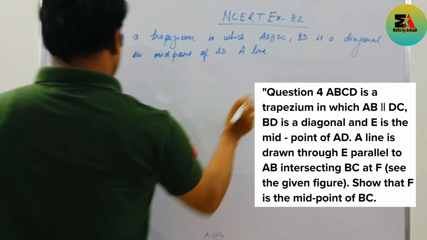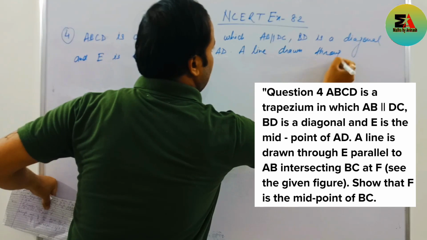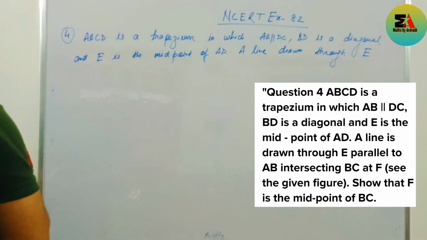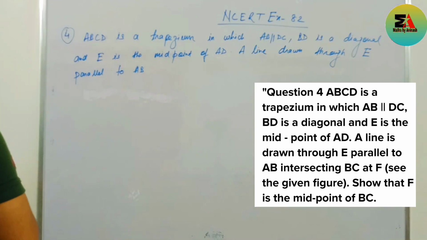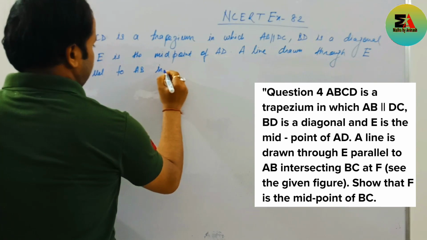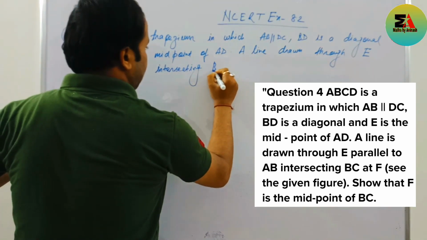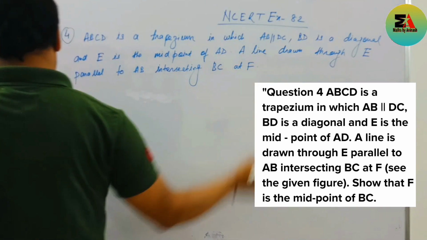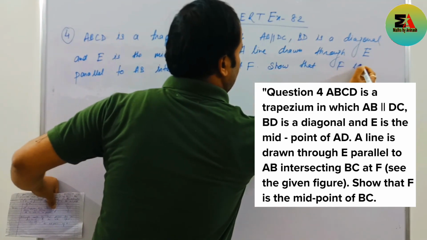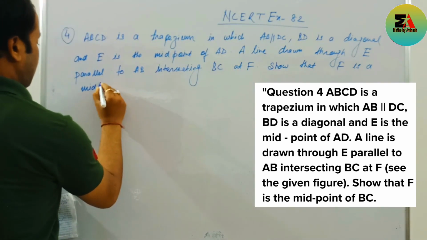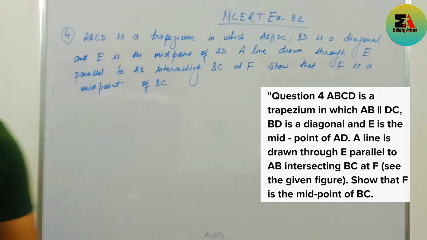A line is drawn through E parallel to AB, intersecting BC at F. Then we have to show that F is the midpoint of side BC. This is our question.